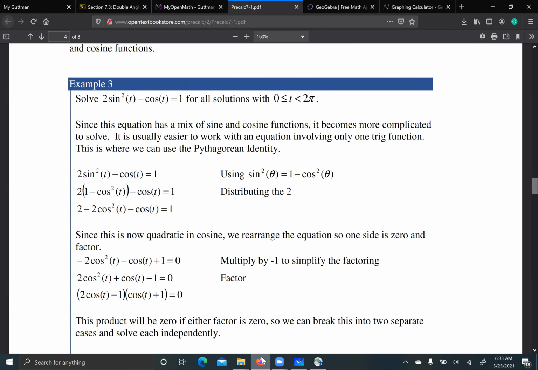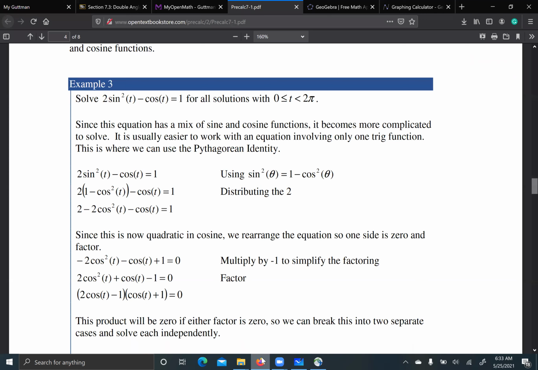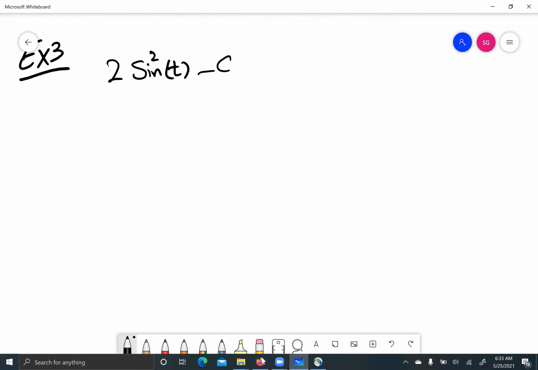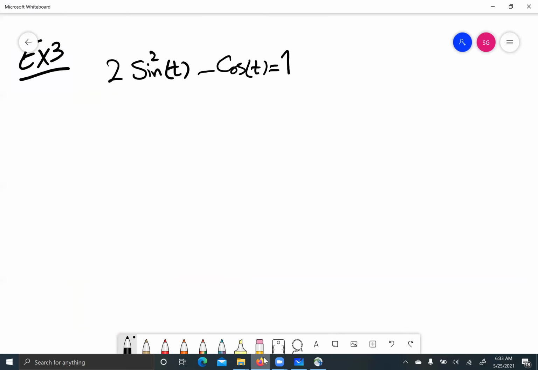So the question is: solve 2 sine square of t minus cosine of t equals 1, and find all the solutions between 0 and 2 pi. So t between 0 and 2 pi, where 2 pi is excluded.